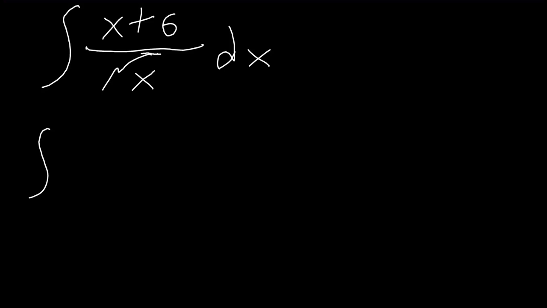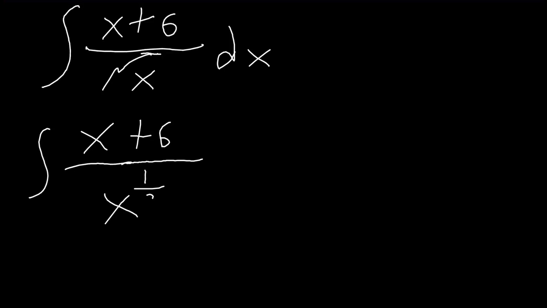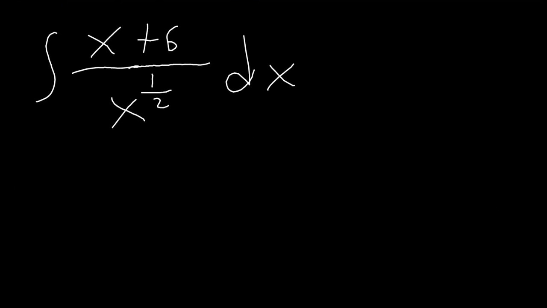So let's just follow the same logic we did in the last one. So it'll just be x plus 6 over x to the 1/2 with respect to x. Now here we don't really have any rule to deal with integrals of this form. We can't immediately use the power rule. So we're going to have to simplify this a bit more.